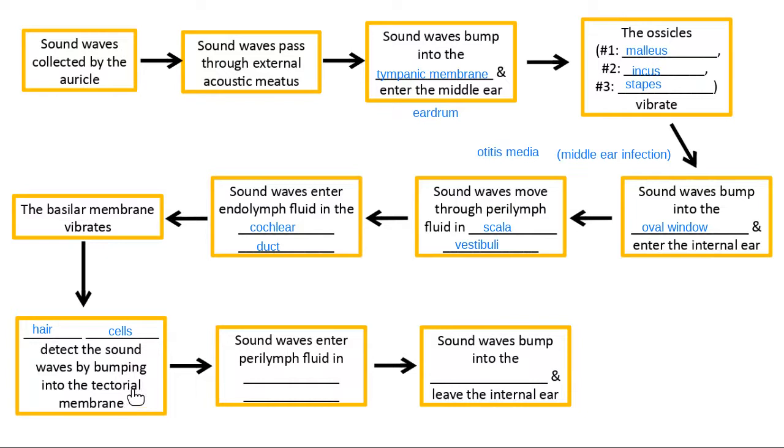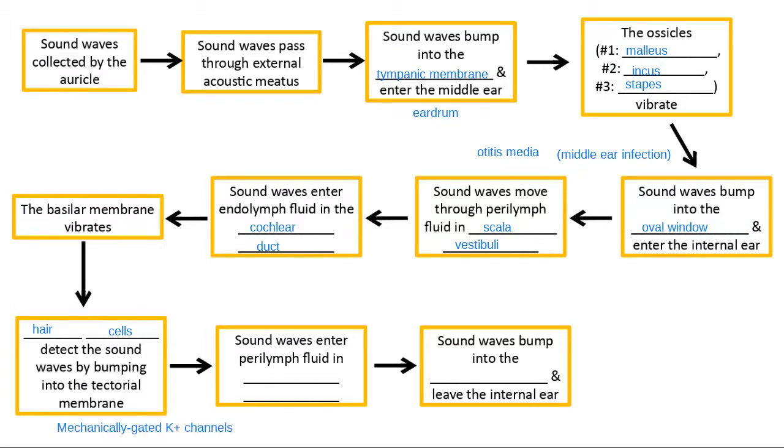When they bump into the tectorial membrane, what kind of channels get opened? What kind of channels do hair cells have? Exactly. Hair cells have mechanically gated, specifically potassium, channels.